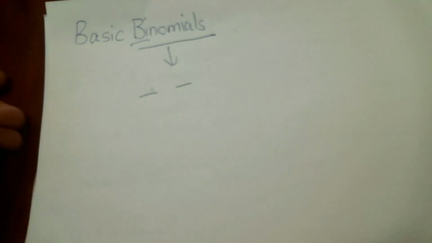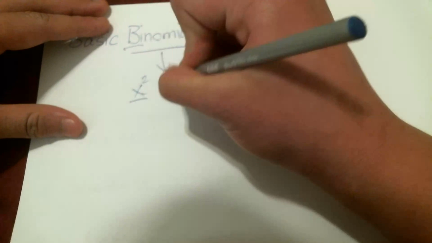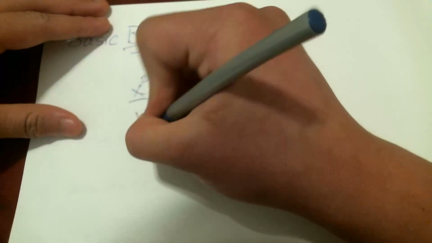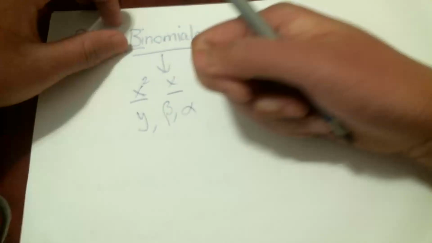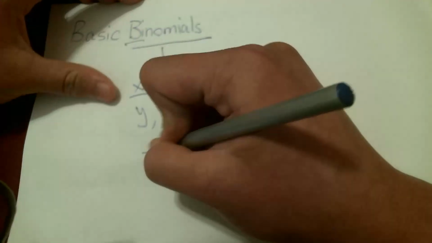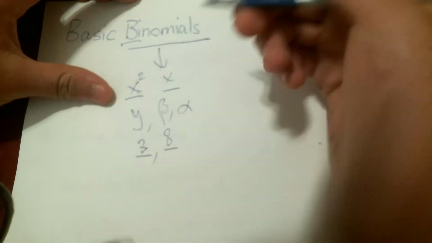These terms can be anything. They can be variables by themselves, such as x squared or x or y, and pretty much any other variable. They can also be numbers, such as 3, 8, and so on.